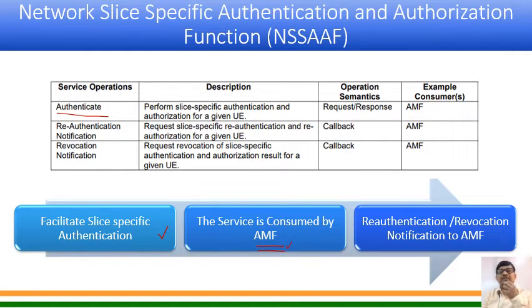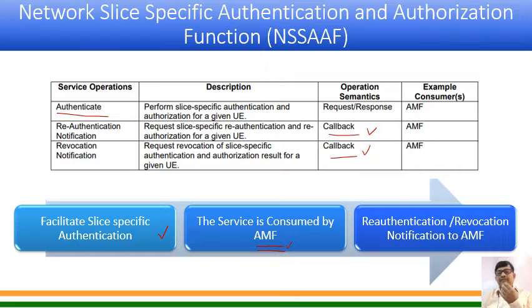There will be a request from AMF for that authentication along with the required parameters, and this particular network function will respond either authenticated or rejected. The two other services are some sort of callback. That means NSSAAF will call back AMF on what condition?